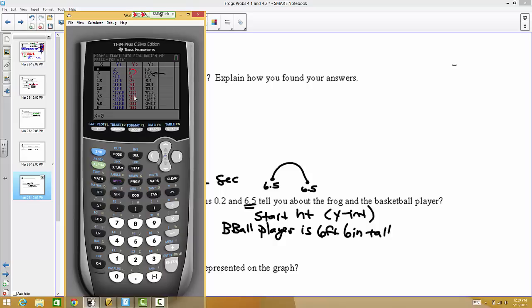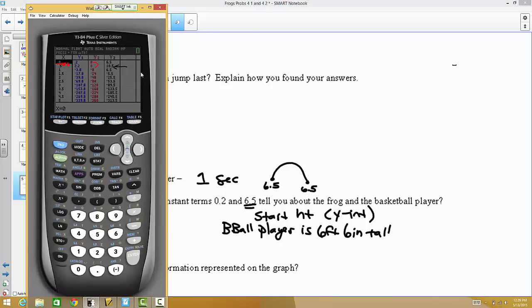So the flea must peak directly in between 0 and 0.5. That'd be at 0.25. So let's change our table so that it counts by 0.25.